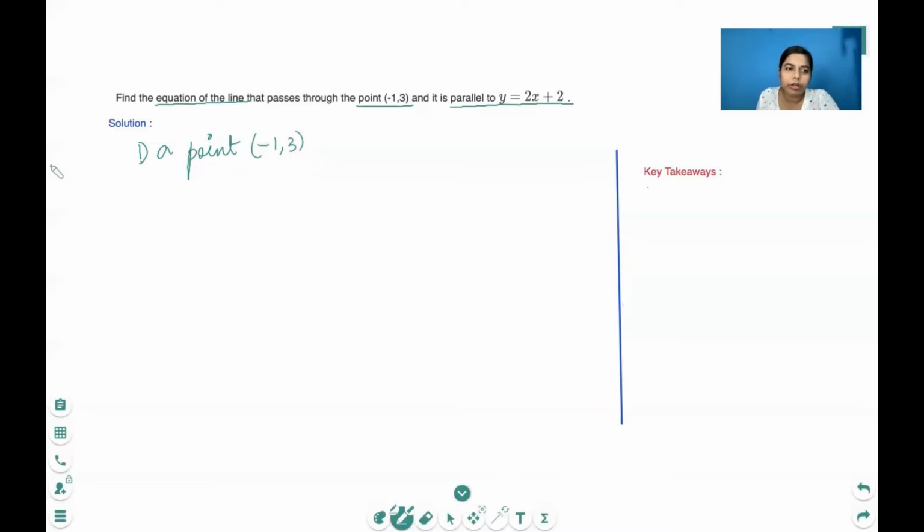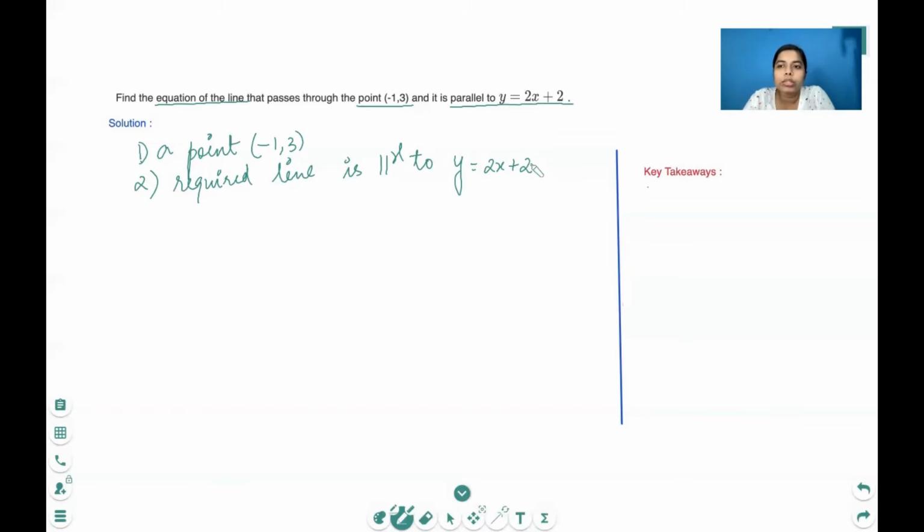The second information given to us is the required line is parallel to y equals 2x plus 2.